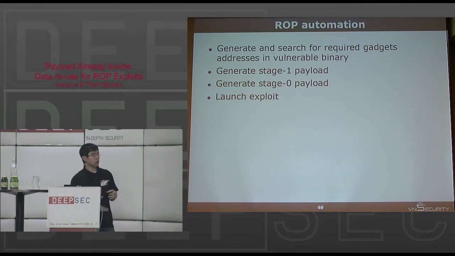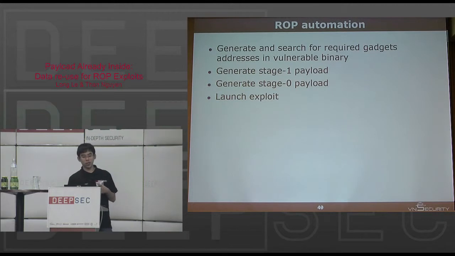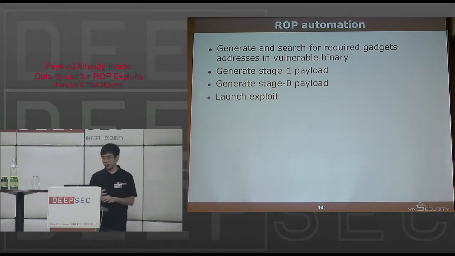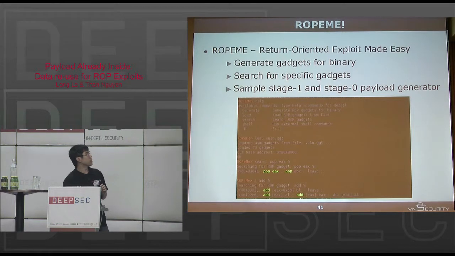So we're trying to have a tool that can help to generate and search for the required gadgets, help you generate the stage 1 payload and the stage 0 payload, and launch the exploit. We call it return-oriented exploit, made easy.